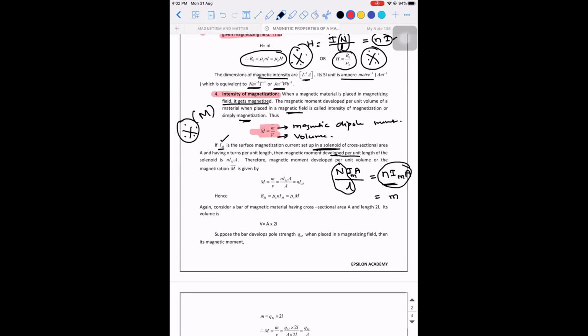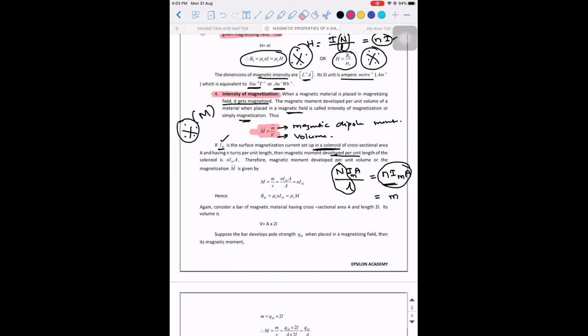So can I write capital M is equal to what? If we treat it in terms of magnitude, then it is small m divided by capital B, accepted. So small m is nothing but n into Im. One minute, guys. There is a small correction in this.